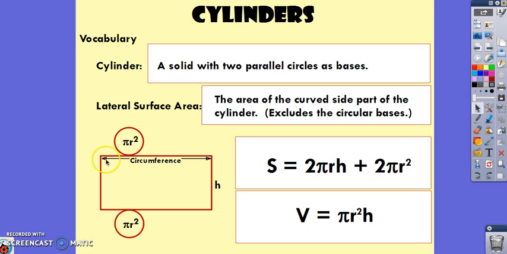Maybe you figured out right here the circumference has to wrap around our circle, right? So circumference is 2 pi r. Then if you take that times the height over here, that's where that 2 pi r h came from. And then we had our other formula.